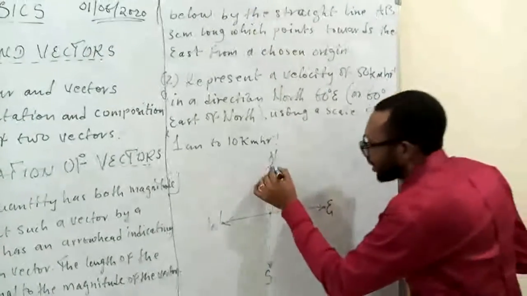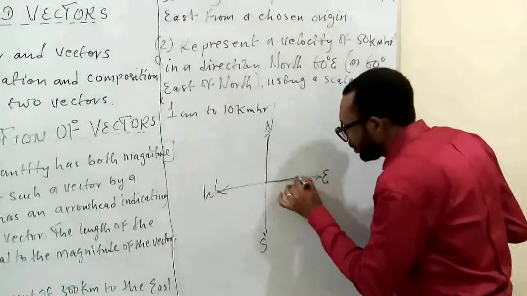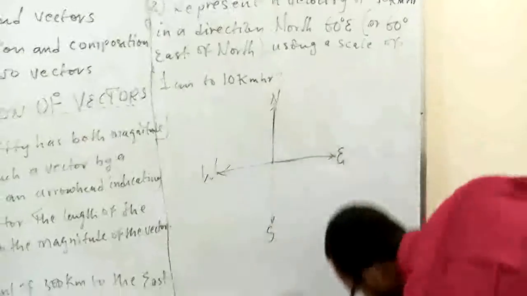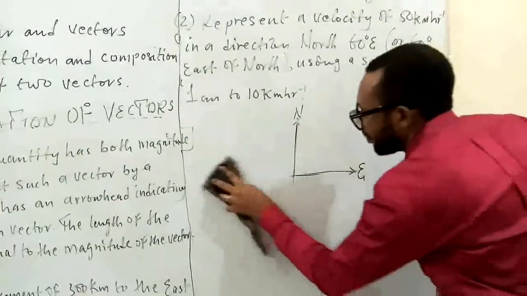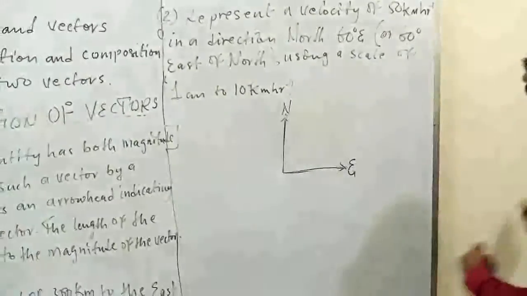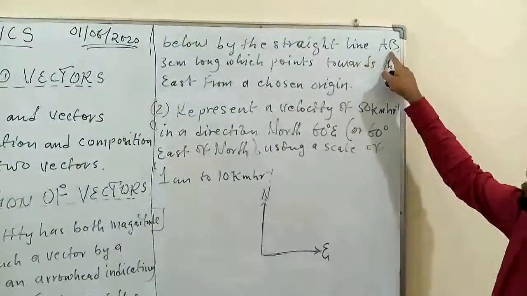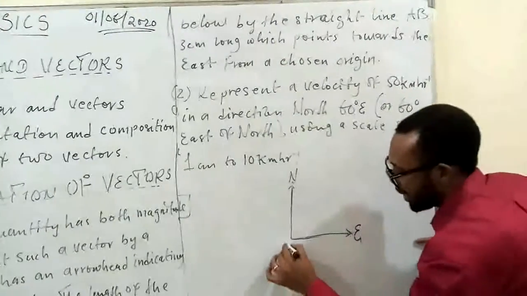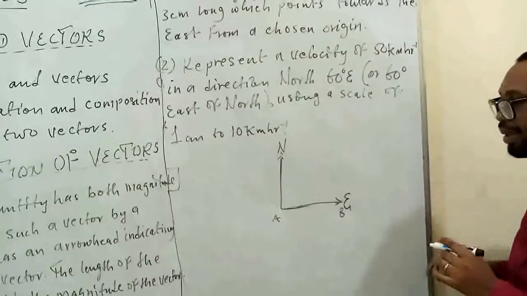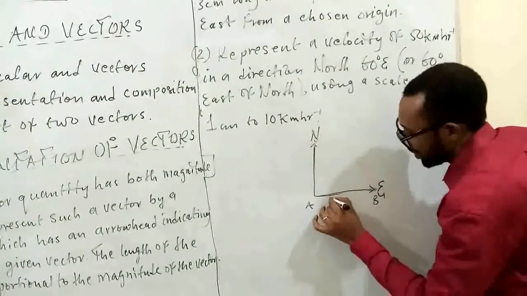So from this point to this point, without including this other side, I can represent the vector with straight line AB. So this is A and this is B, and this is 3 centimeters.